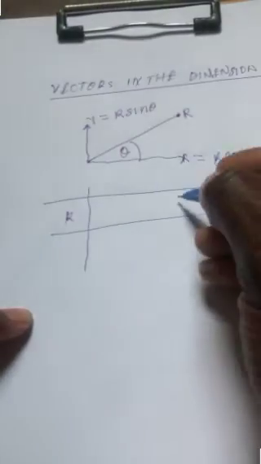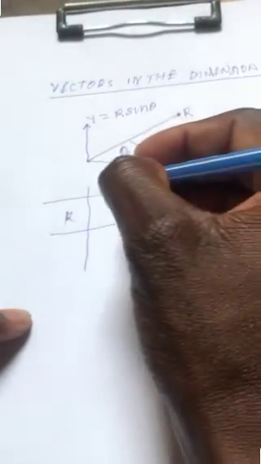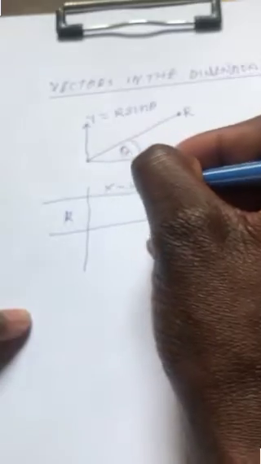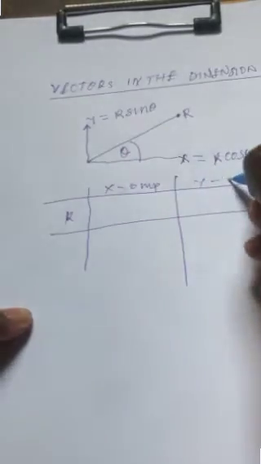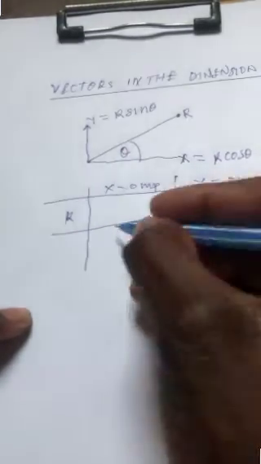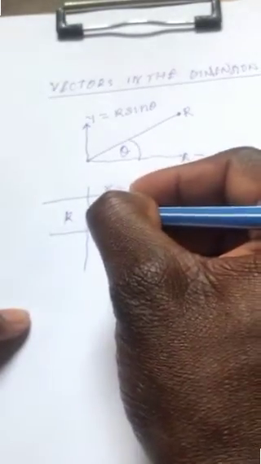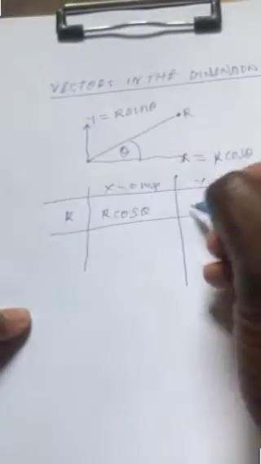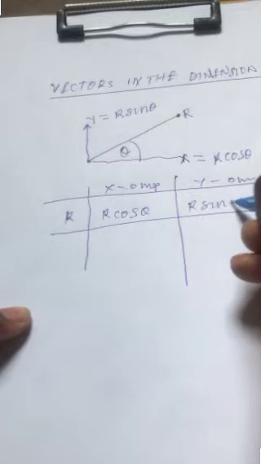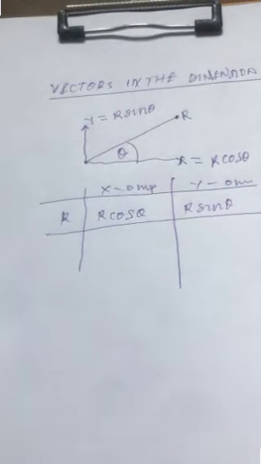We are going to put it as follows. We have r, which is the vector, and normally we resolve it with respect to the x component, then the y component. So here we have r cos theta, there we have r sin theta. That is according to vectors in 2 dimensions.